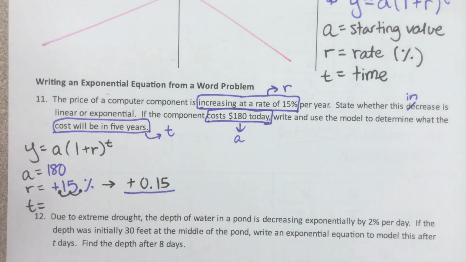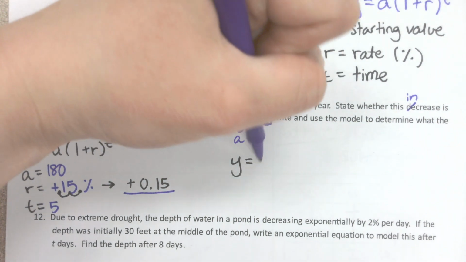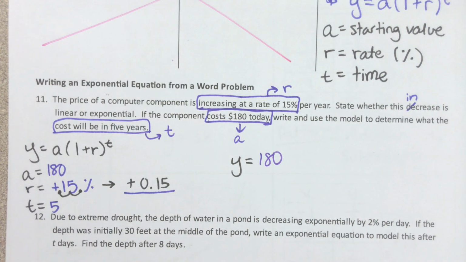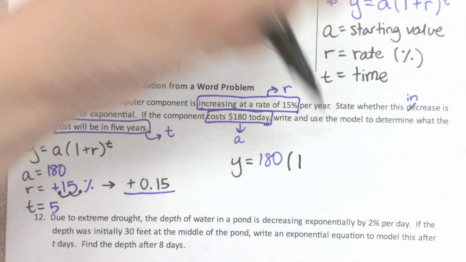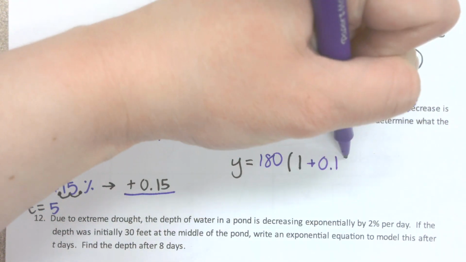T as in time is 5. They give us that, it's 5 years. We have all of the components. Let's put them in the equation and solve. We have y equals a is 180 times 1. Our r is plus 0.15.